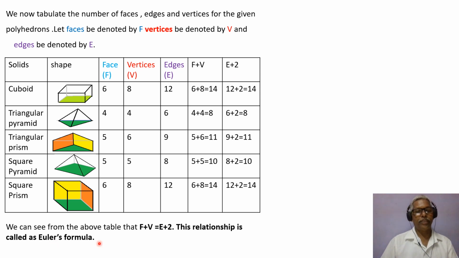You can see the comment here: from the above table, F plus V is equal to E plus 2. This is for polyhedrons. This relation is called Euler's formula. So what we were calculating was according to Euler's formula. Remember this. This is very useful in solving some problems and understanding some polyhedrons.